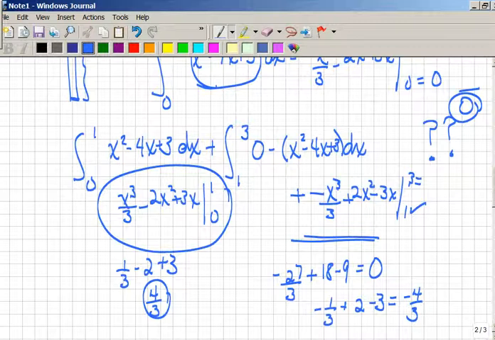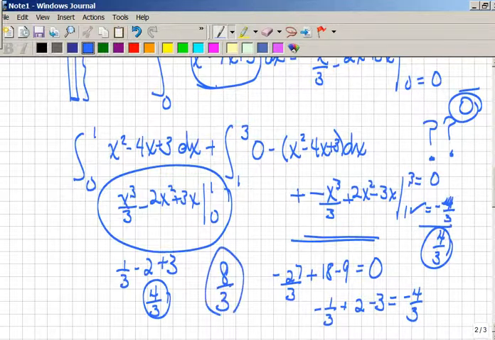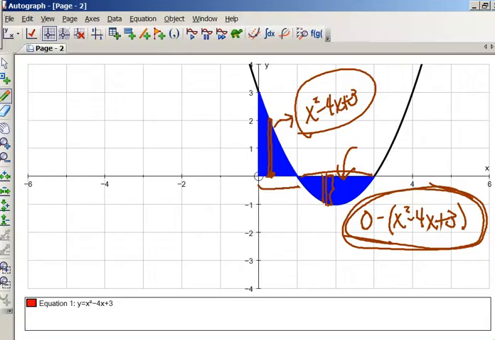All right, 3 gave us a 0, 1 gave us a negative 4/3, and then you subtract those two values and we get 4/3. So what we've got for our final area, from 0 to 1, we have an area of 4/3. From 1 to 3, we have an area of 4/3. So the total area is 8/3.